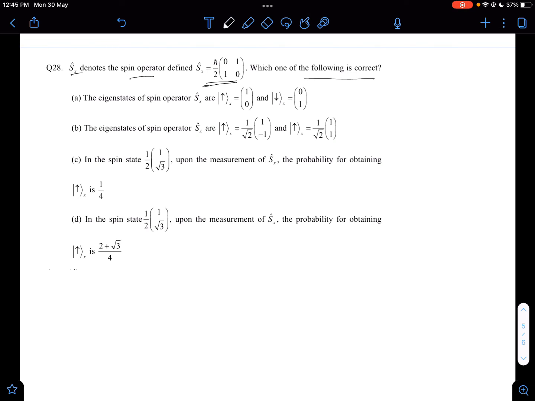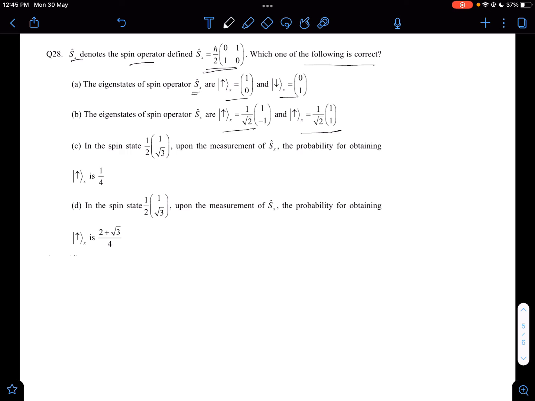The first option is that the eigenstates of the spin operator Sx are 1 0 and 0 1, and the second option states another possible set of eigenstates. The third option states that if this is the state of the system and we measure Sx, then the probability for obtaining chi x, which is one of the eigenfunctions, is 1/4.